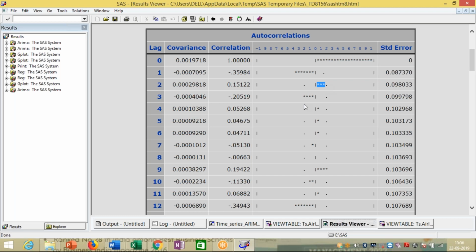It should keep on decreasing exponentially. But if you have a look over here, you will see 0.35, 0.15, 0.20. So after the first two lags, the third lag suddenly shows a spike up, right? So this is the 0th lag, and this gives the correlation between 0 and the first lag. This gives the correlation between 0 and the second lag.